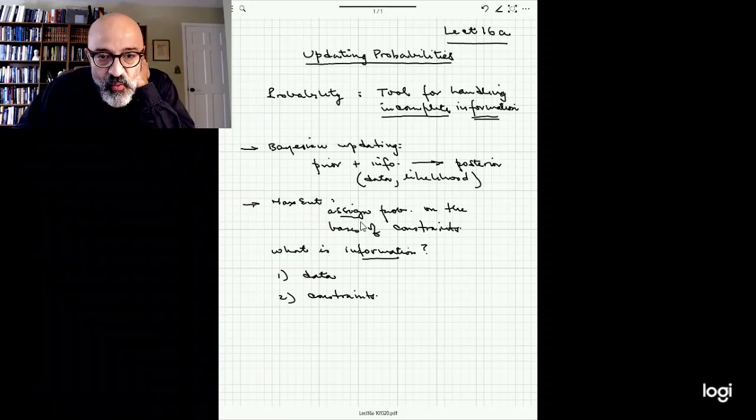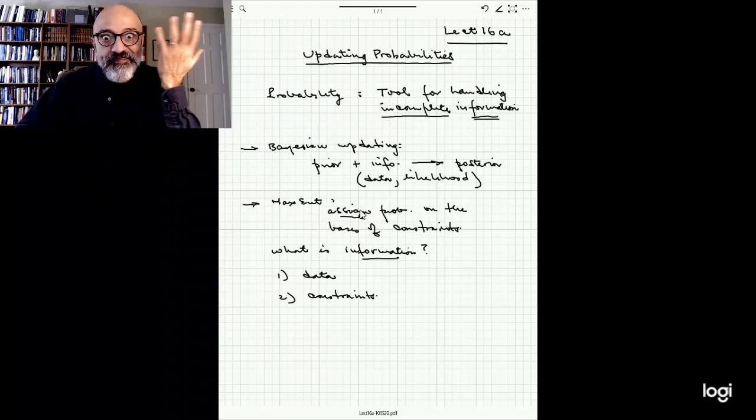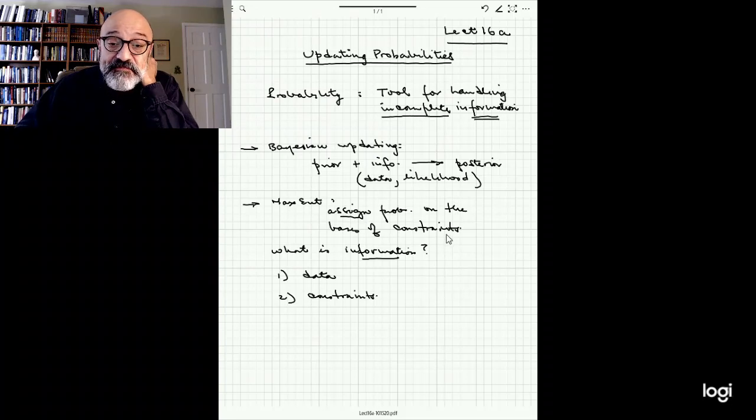So while Bayesian updating allows arbitrary priors, but it's sort of limited as to the form of information it accepts, the method of maximum entropy is very limited as to the prior you're going to have. You don't have a prior, but it is much, much more forgiving as to the types of constraints you're going to have.